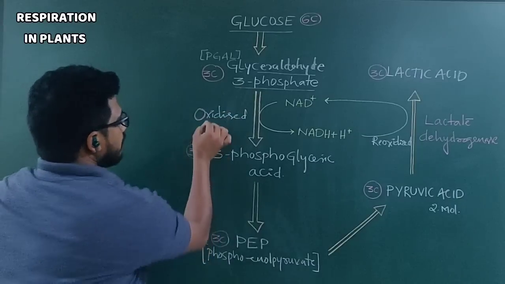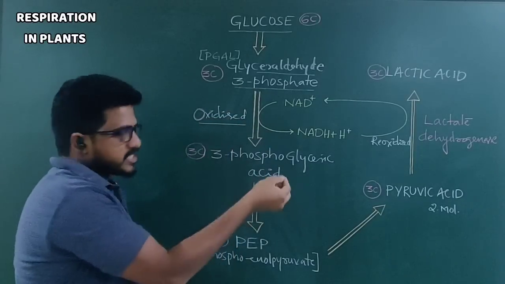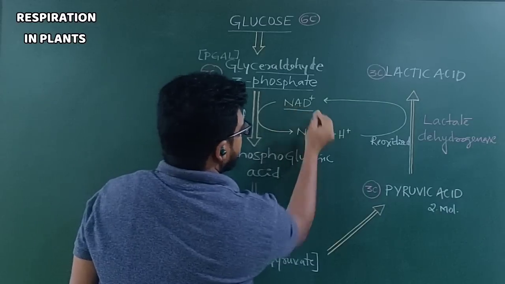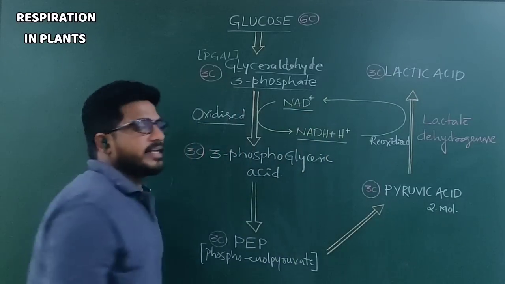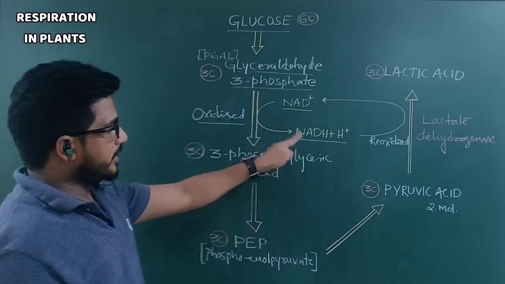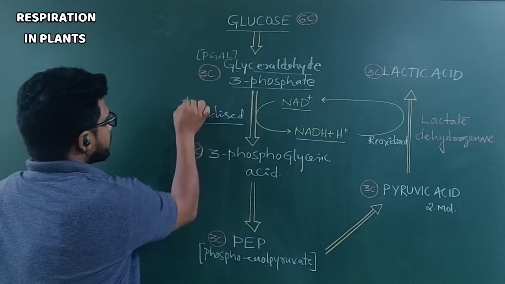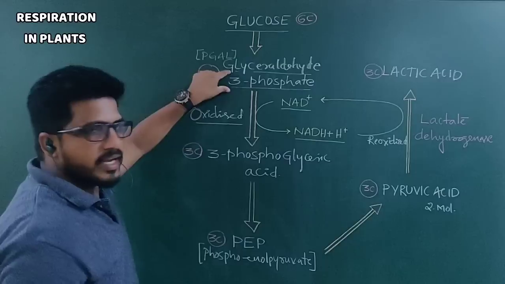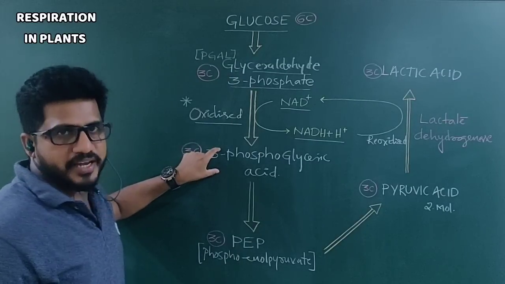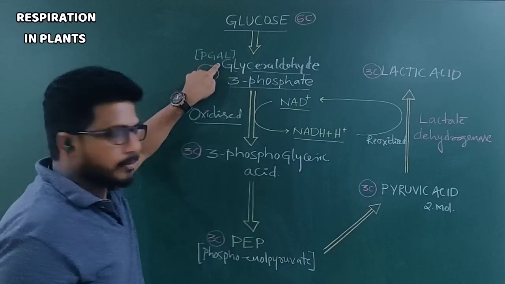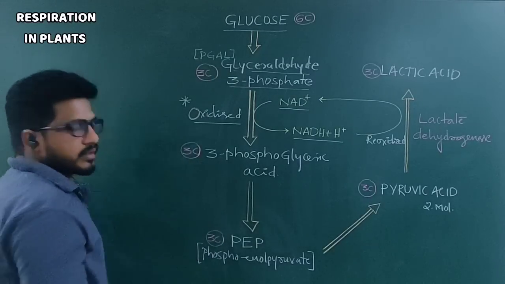It undergoes oxidation, and in that, NAD is oxidized into NADH2 or NADH plus H plus. This is a very important step. PGAL becomes PGA. PGAL has an aldehyde group, PGA has an acid group.